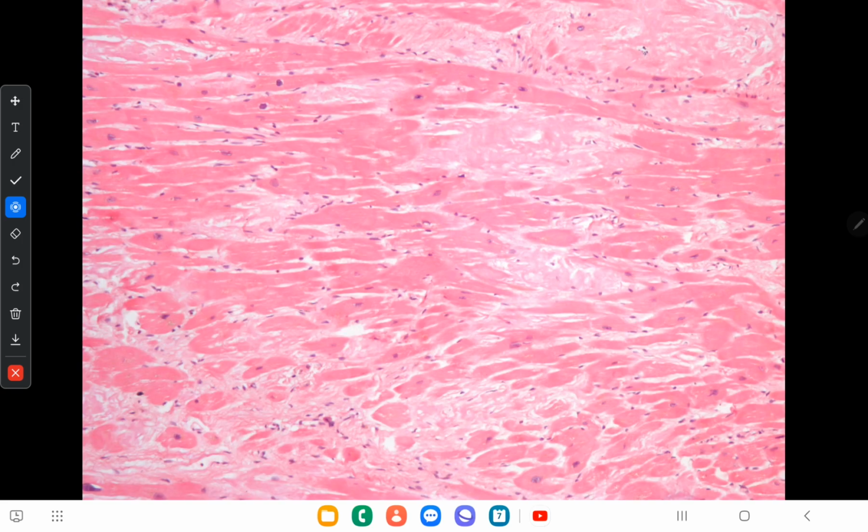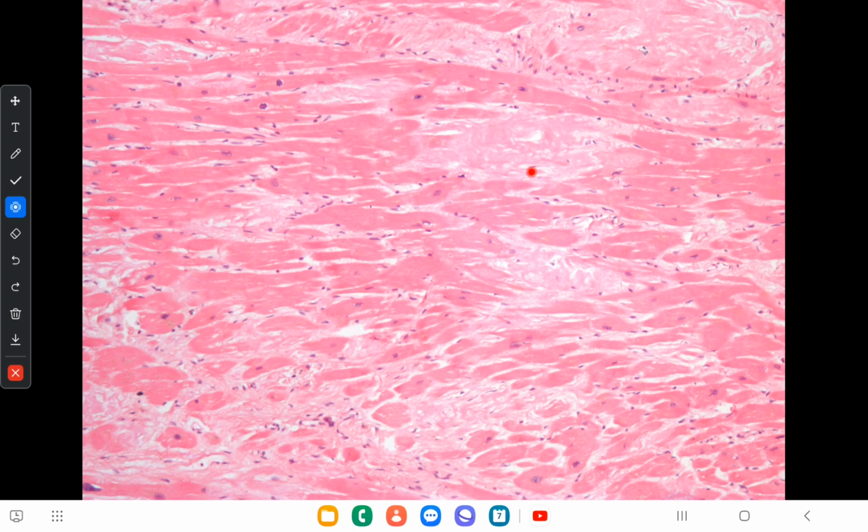We can use H&E staining to detect these amyloid depositions, but in the H&E section they appear as eosinophilic, homogeneous and extracellular deposits. The problem is that in hyaline degeneration there is also homogeneous eosinophilic material, so we cannot exactly say whether it is due to amyloid deposition or hyaline degeneration.